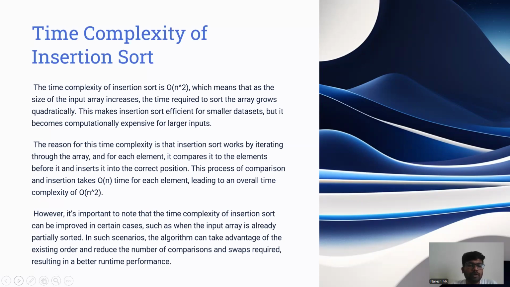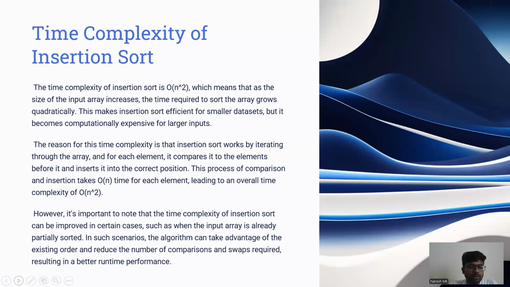The reason for this complexity is that insertion sort works by iterating through the array. For each element, it compares it to the elements before it and inserts it into the correct position. The process of comparison and insertion takes O of n time for each element, leading to an overall time complexity of O(n square).